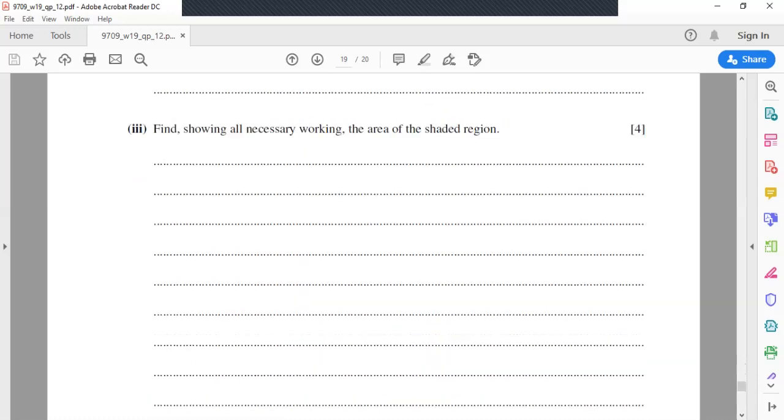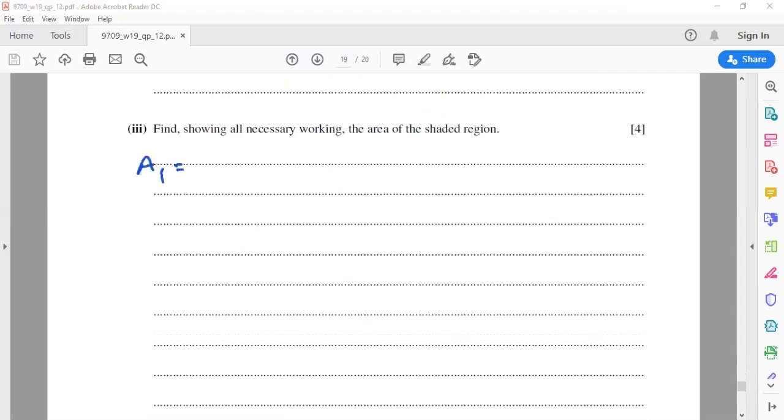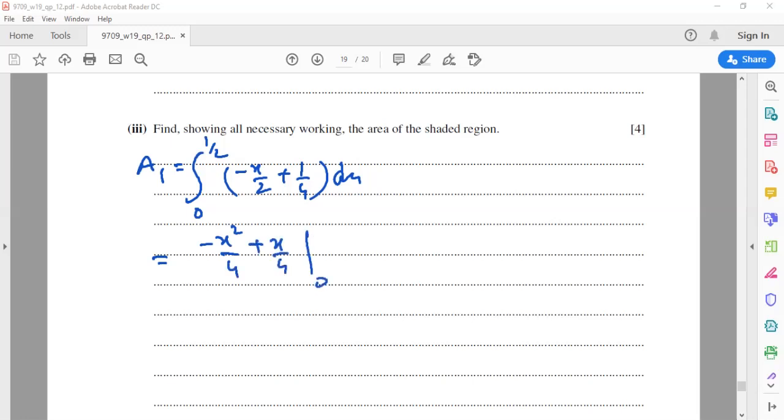So let's find the area 1 by integrating the line. A1 is equal to the integral from 0 to 1 over 2 of minus x over 2 plus 1 over 4 dx. This gives us minus x squared over 4 plus x by 4, from 0 to 1 over 2.